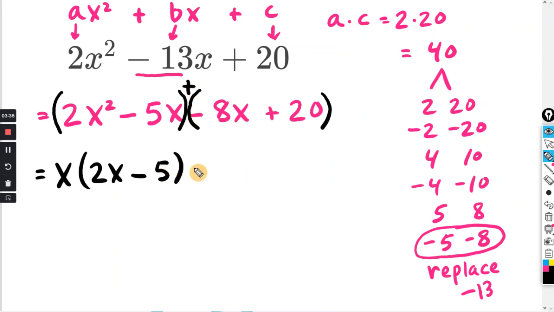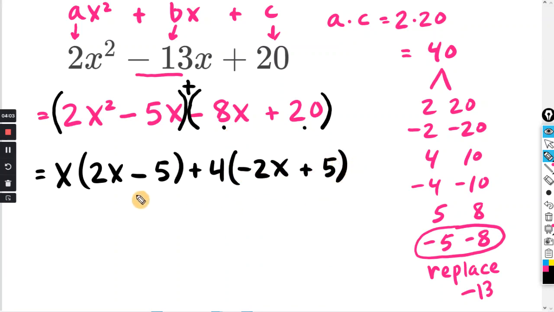All right, we still have the plus sign here. And between negative 8 and positive 20, the greatest common factor is positive 4. Okay, this doesn't have an x, so there's no x factored out. Negative 8x divided by 4 is negative 2x. And positive 20 divided by 4 is positive 5.